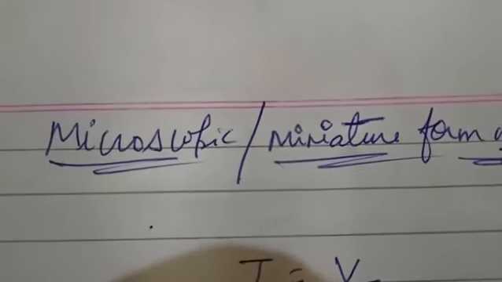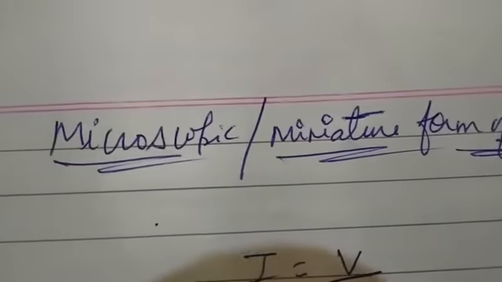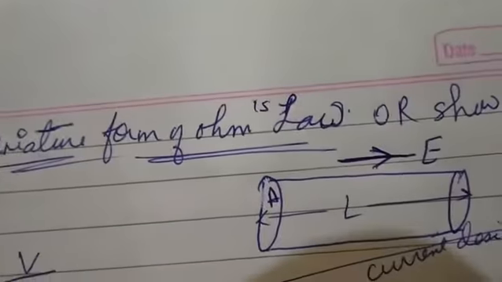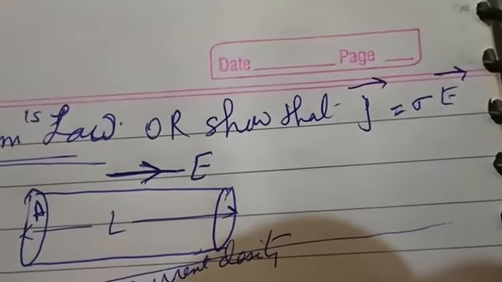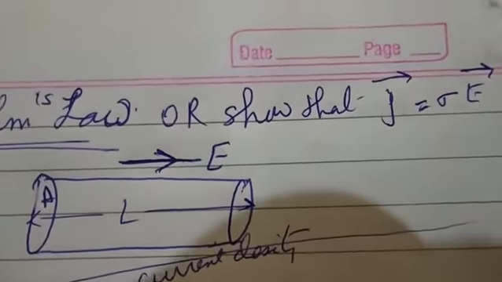Now next is the macroscopic or microscopic form of Ohm's law. That is, we have to show J is equal to sigma E. This is known as the microscopic form of Ohm's law.